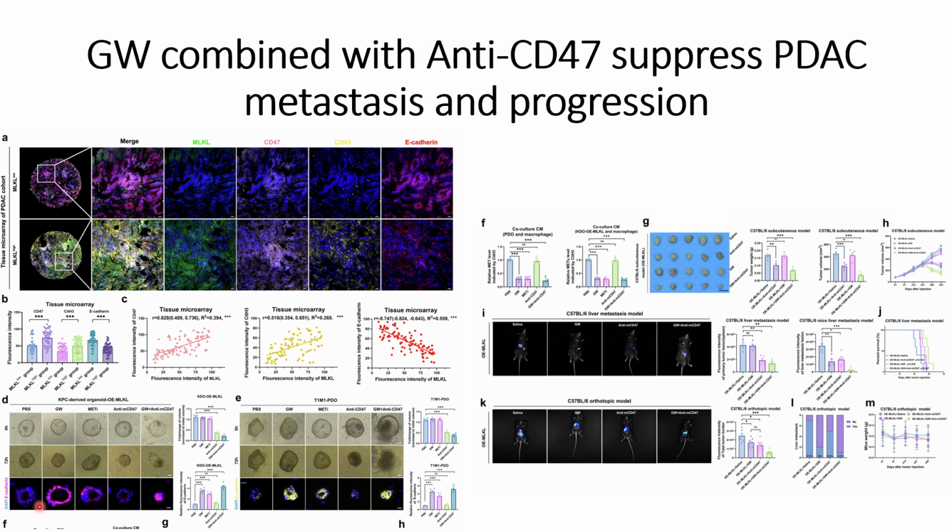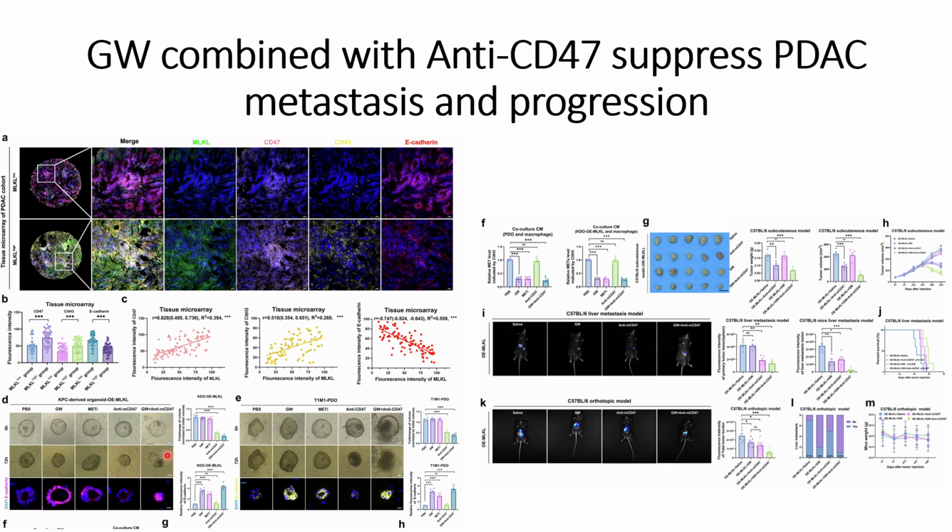After that, they used the organoid to check the effect of GW and anti-CD47 on the metastasis and migration. What they found is that when they use anti-CD47 and MLKL inhibitors, they see a decrease in the growth of the organoid after 72 hours.